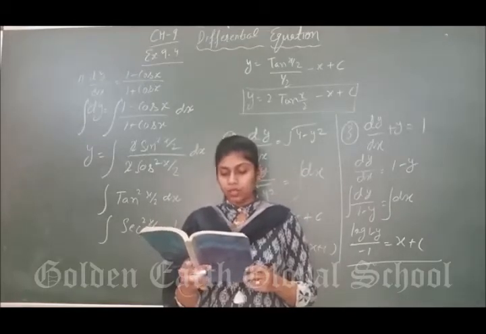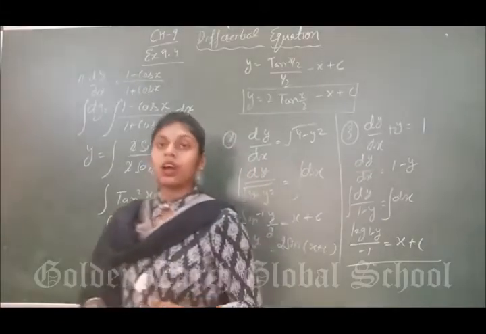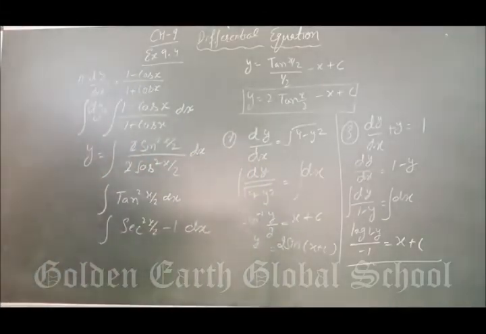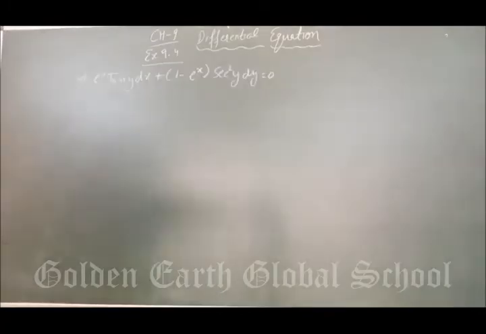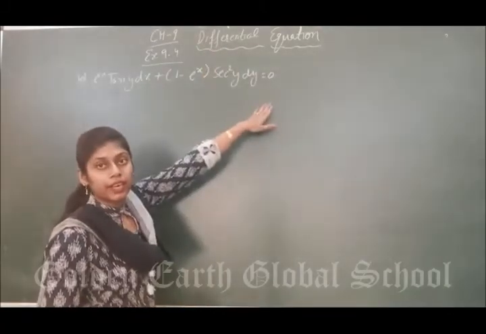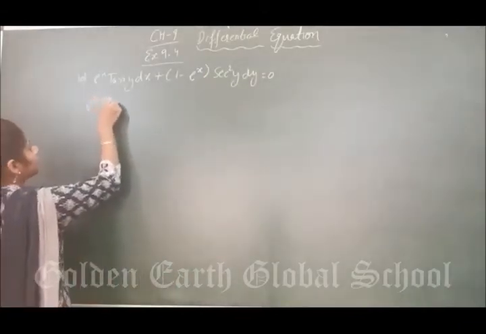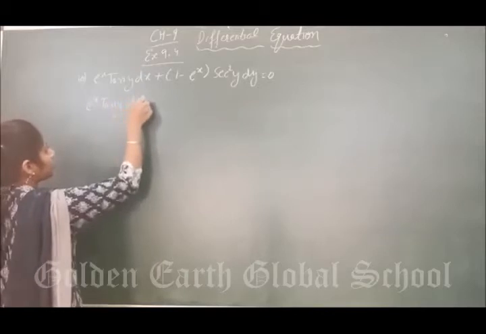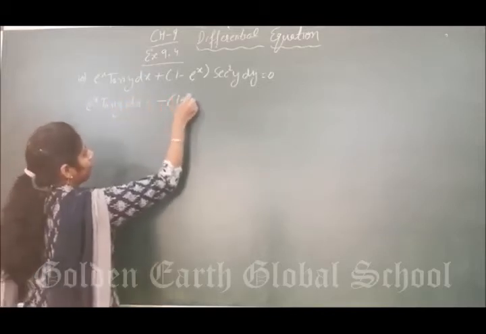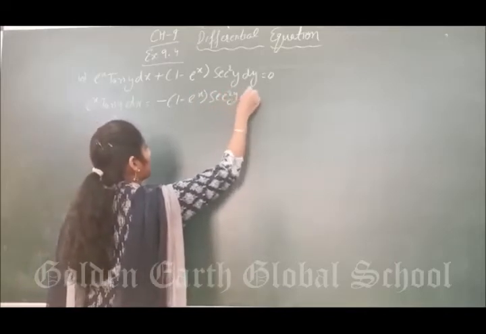Next we will solve question number 10. How to take the integration? Firstly, separate the variables. First of all, shift the second term to the right hand side with a negative sign. On the left hand side, e^x tan y dx equals minus (1 minus e^x) sec² y dy.